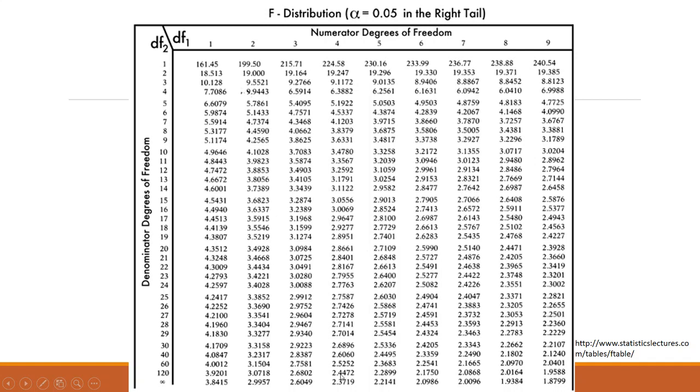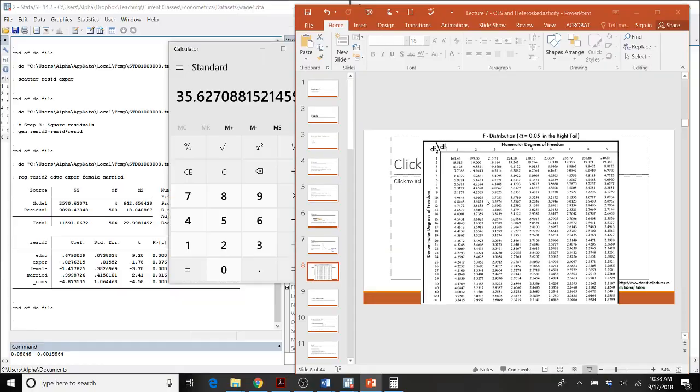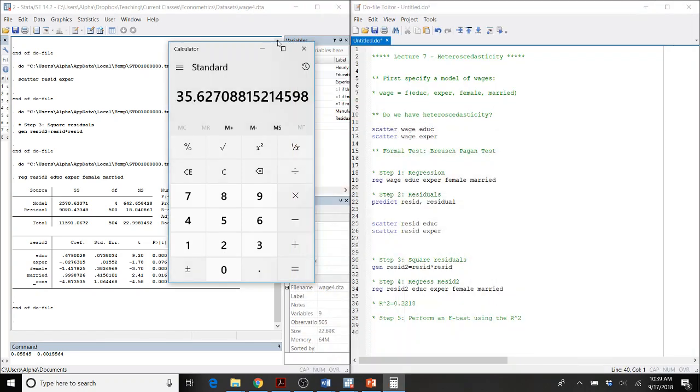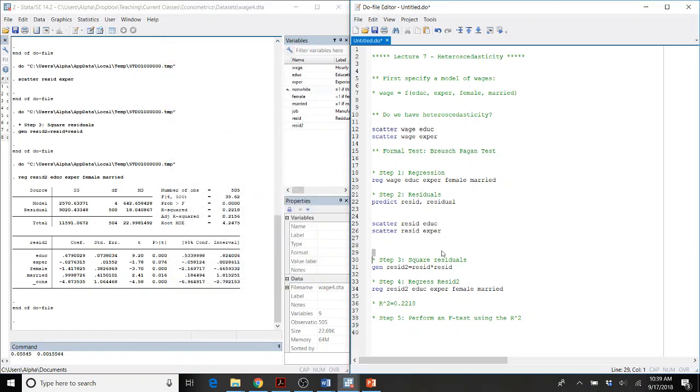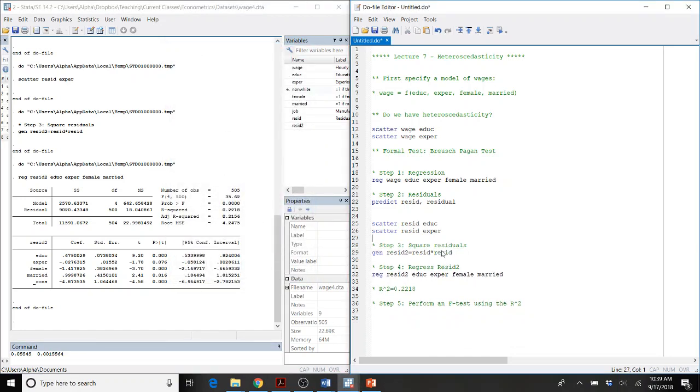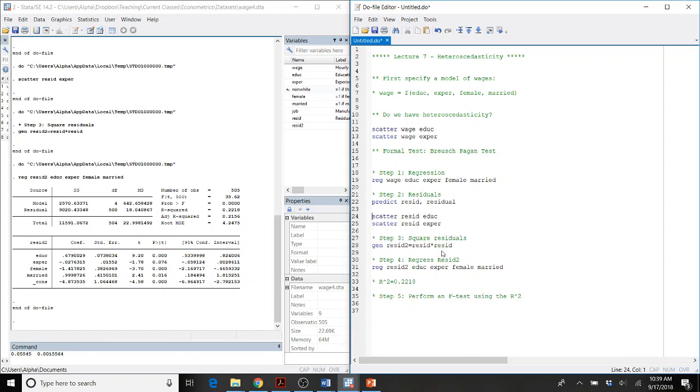If our F statistic is larger than 2.44, then we are significant at the 5% level. Our F statistic is 35.6. We are much larger. We're definitely significant. That means we would reject the null hypothesis that there's no heteroskedasticity and conclude that there is heteroskedasticity. All right, so there we have it. The Breusch-Pagan test by hand, quote unquote.